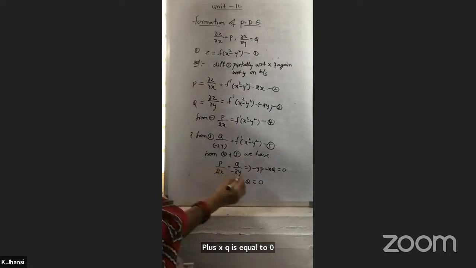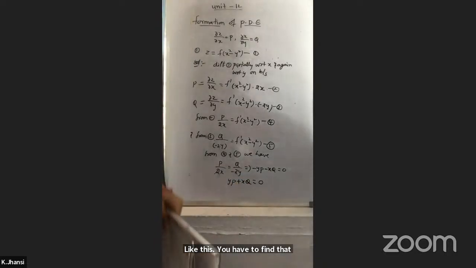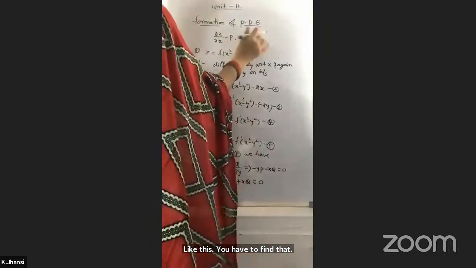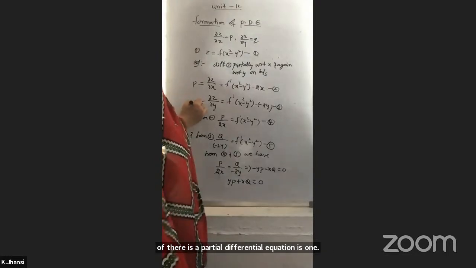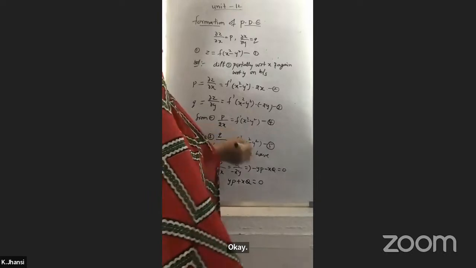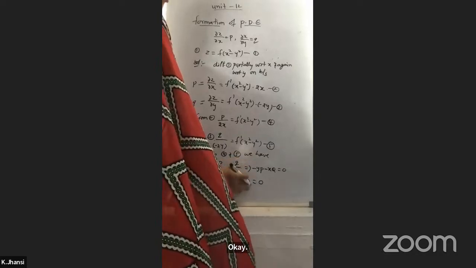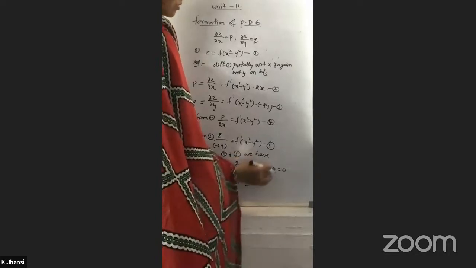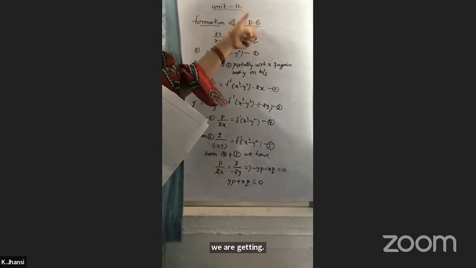Okay, like this you have to find the equation, that is a partial differential equation. So like this, you have to convert whatever we are getting; it is called a partial differential equation.